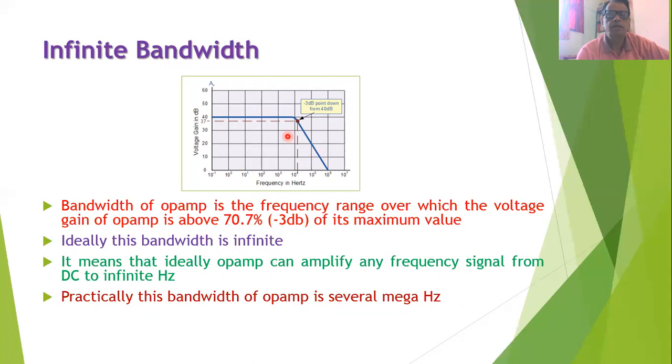For example, suppose the gain of the operational amplifier is 40 decibel. When we reduce 3 decibel from it, that is 37 decibel, and I draw a perpendicular on this curve, I will get a frequency of about 1 megahertz. So this can be the bandwidth for this particular example.